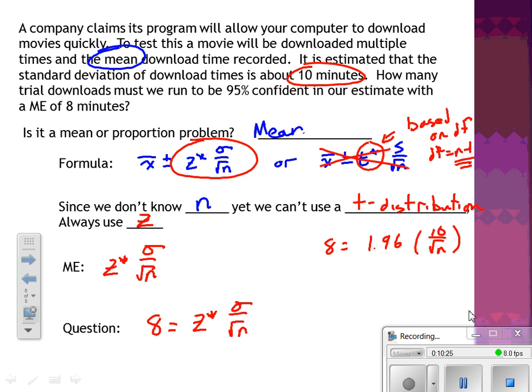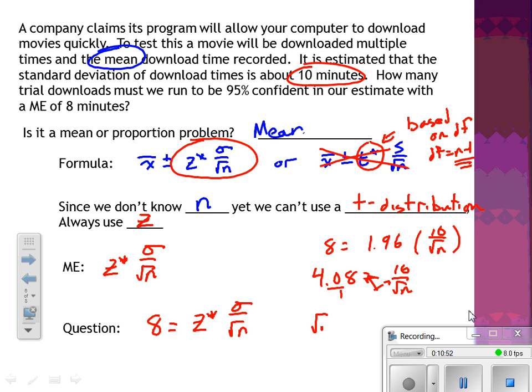And then we have 8 divided by 1.96. I'm writing stuff wrong. 4.08 equals 10 over the square root of n. Set up, cross multiply.